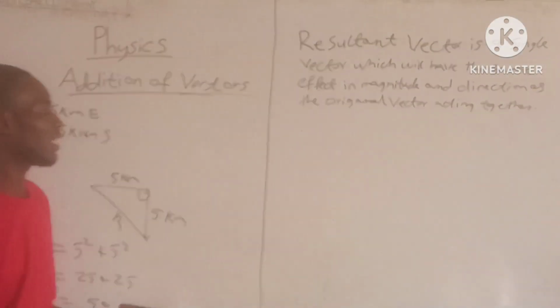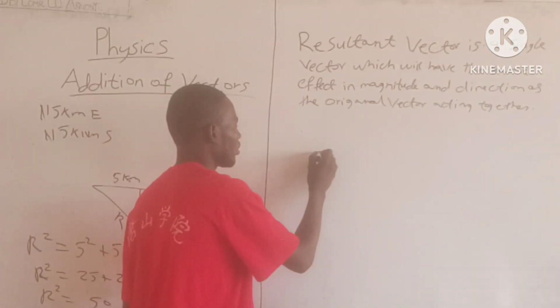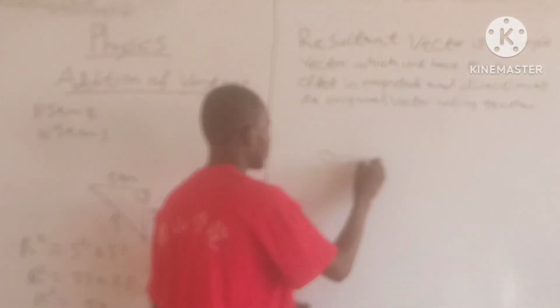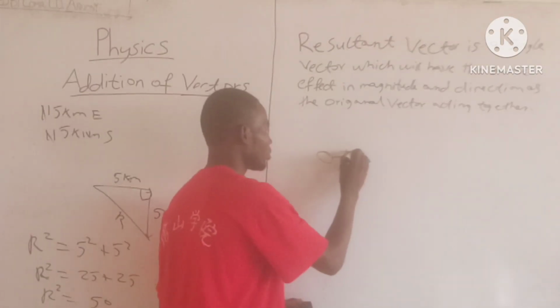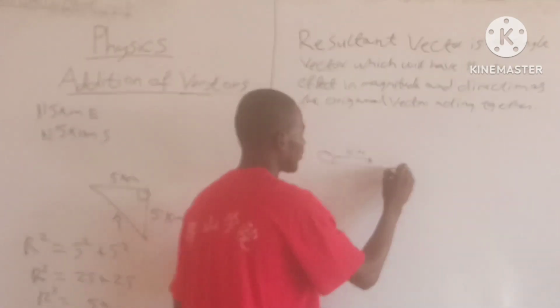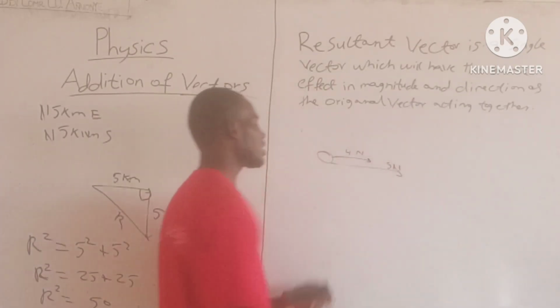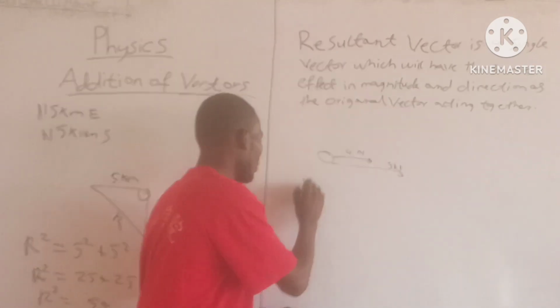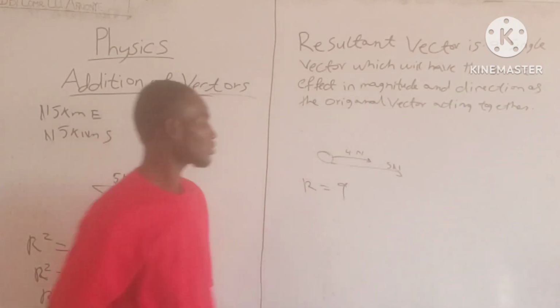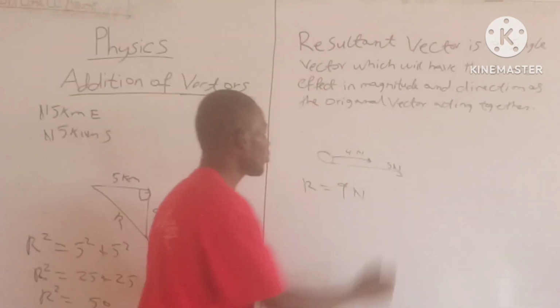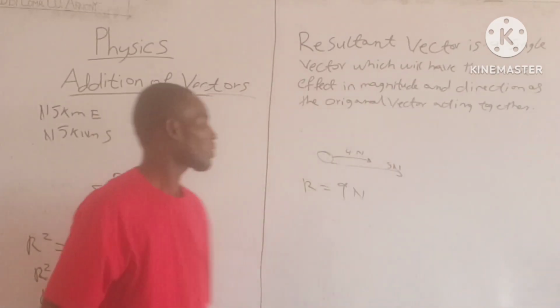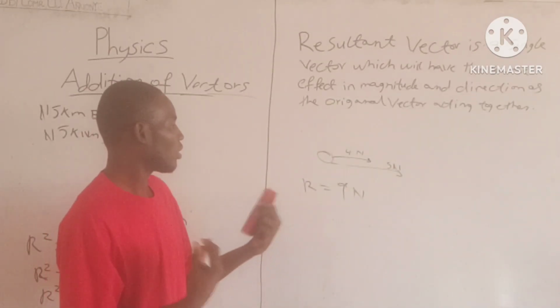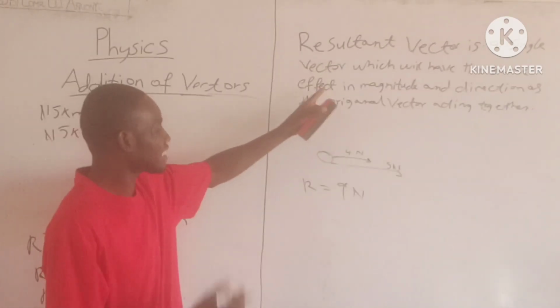Like I said earlier, if two forces are acting on the ball, 4 Newton and 5 Newton, what is the resultant vector? They are in the same direction, so the resultant vector is 9 Newton. Now, what does it mean? They say the resultant vector is that single vector.